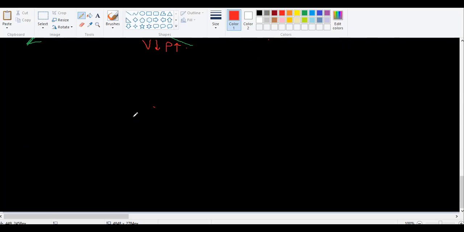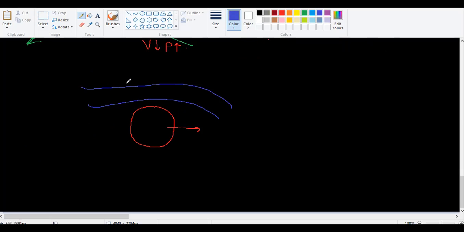Imagine that the ball is going this way, which means the air, it can be air or any other fluid, but mostly we do our experiments in air, flows the opposite way. So when the ball is going like this, the air flow is like this.